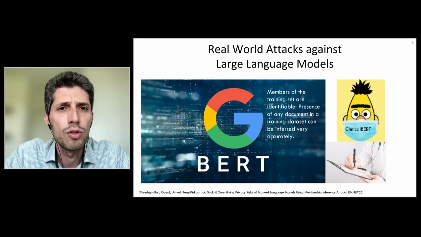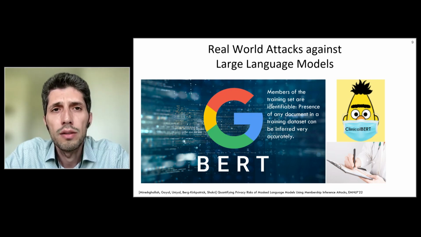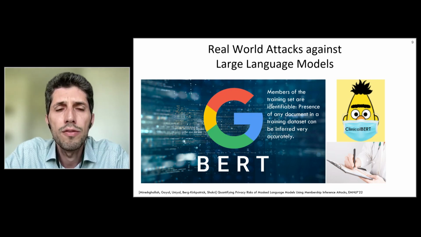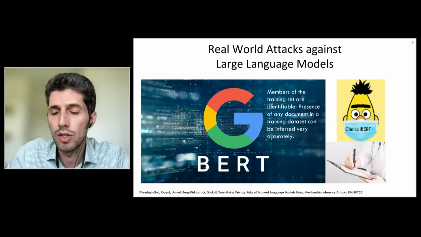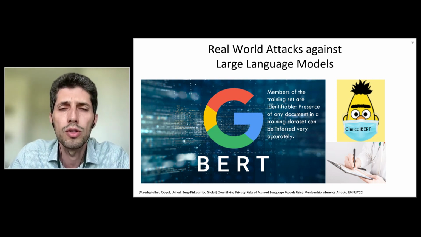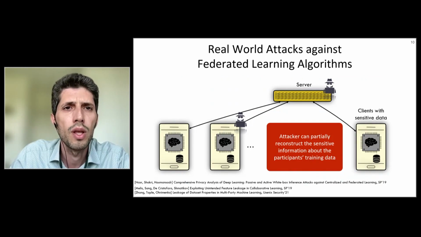If you have a language model and then you modify it or fine-tune it with sensitive data, for example, clinical BERT, which was trained on clinical notes, we showed that it's very easy for an adversary to identify the sentences, the points that were in the training set. This is a huge concern, and these are real models, real applications out there. These are not hypothetical scenarios.